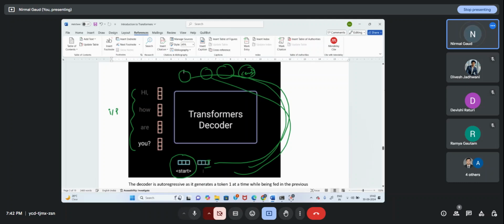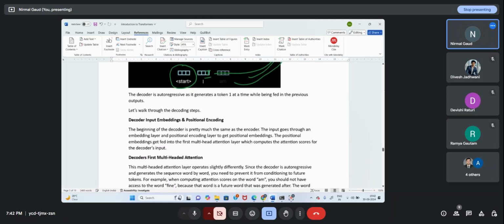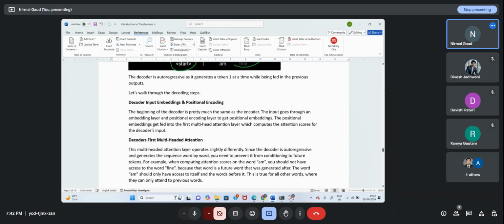Let me clear things up for you again. Let's walk through the decoding steps. Before that, I want to read this line: the decoder is auto regressive. It generates one token at a time, as I told you, while being fed the previous output. One token at a time, one word at a time, that's what the decoder produces.